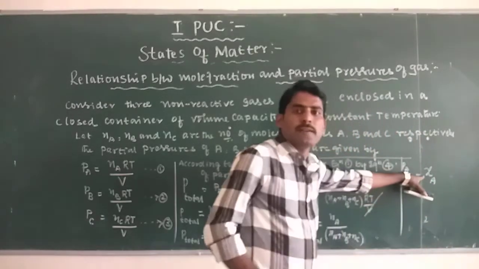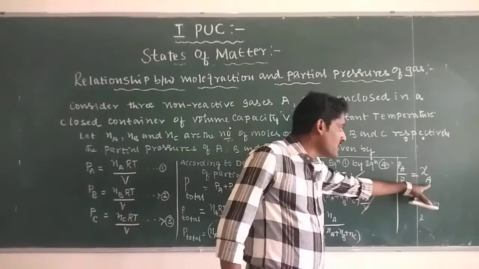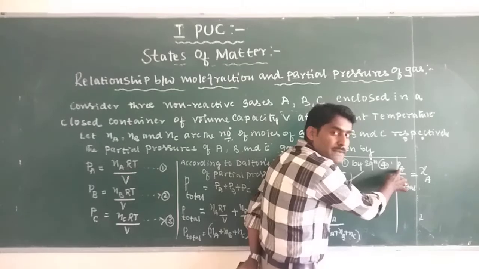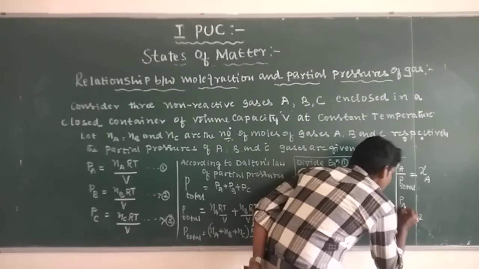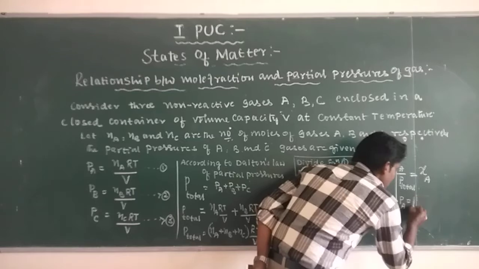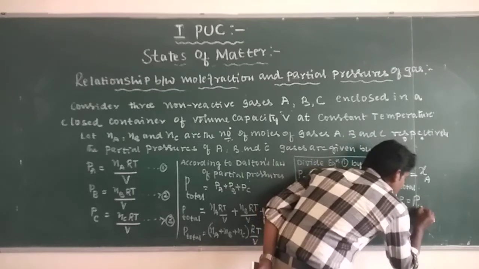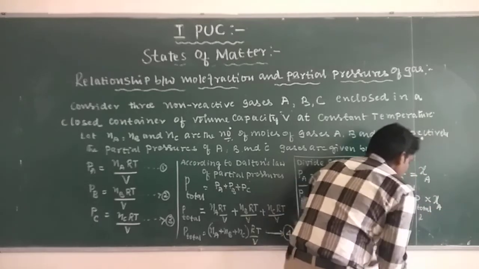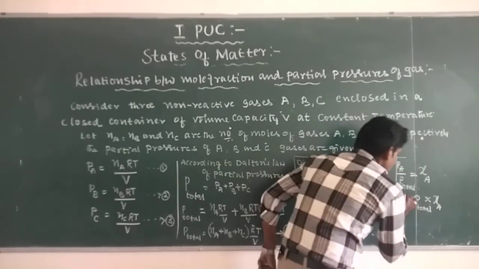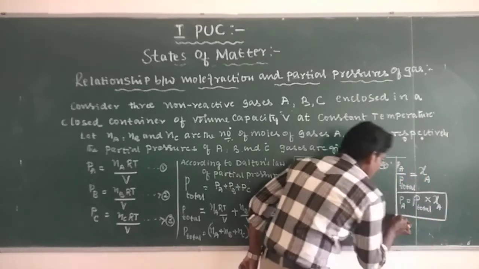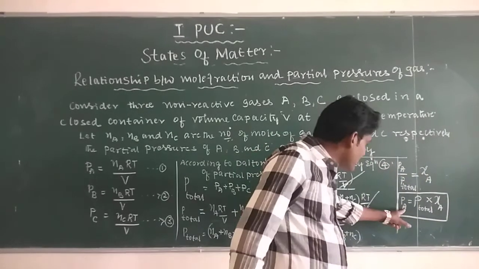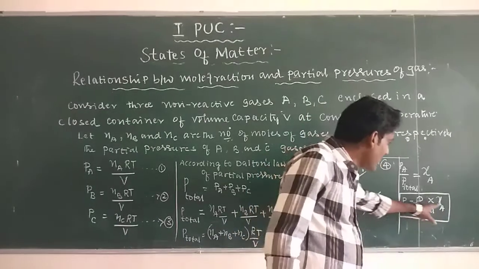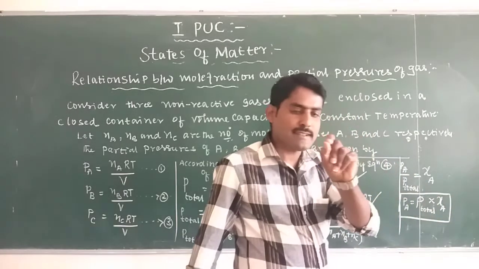Here X is the mole fraction of gas A. Pa means the partial pressure of gas A. So Pa is equal to P total into Xa, the mole fraction of gas A.